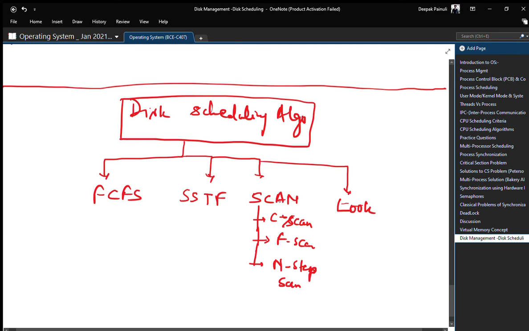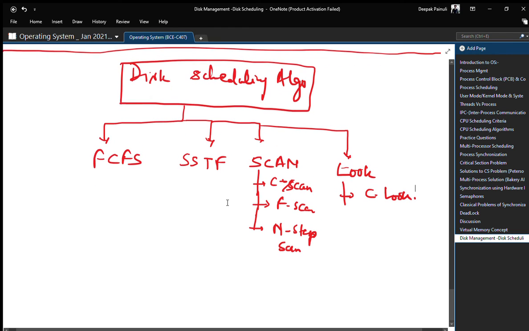So there are four different SCAN algorithms, and in the LOOK type scheduling we have basic LOOK and second we have C-LOOK, right? All the scheduling algorithms have different procedures to follow, so let us understand by example one by one, because without an example you will not understand it.